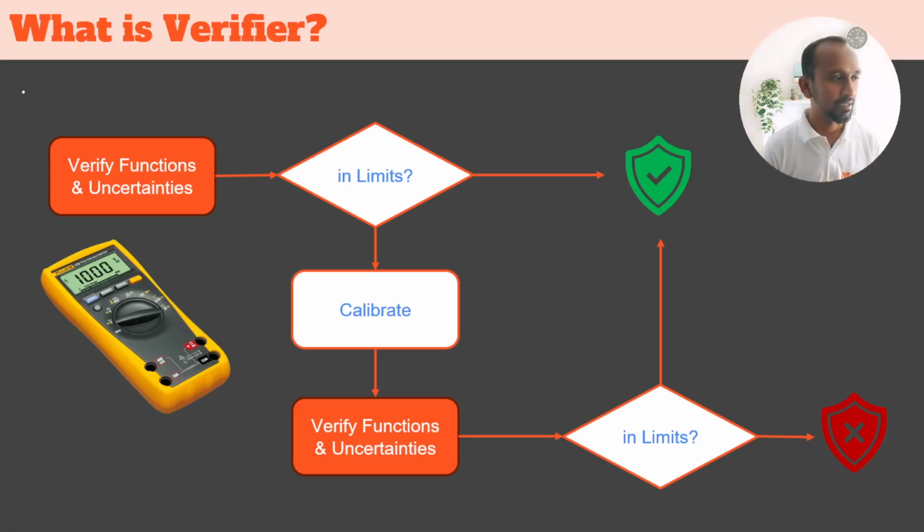Okay, so the first thing we are going to do with a verifier is to get an idea of how the verification itself works. A verifier basically verifies the various functions that any of your instruments will carry out.